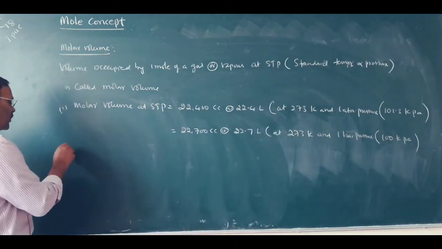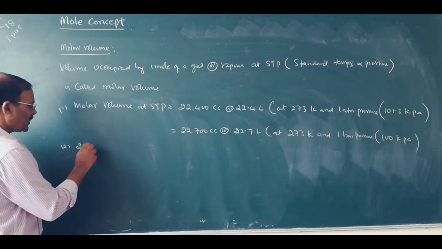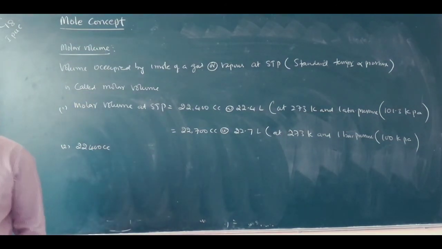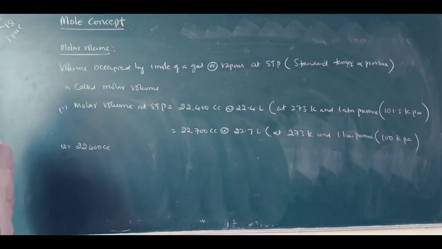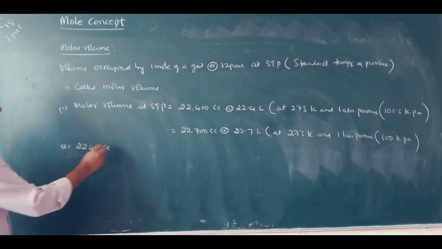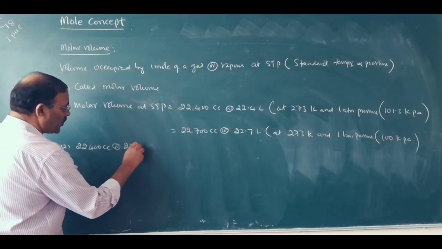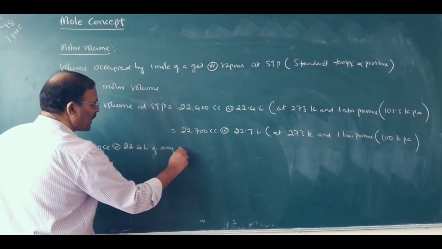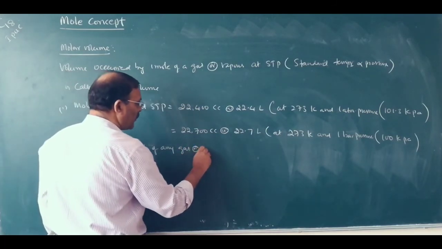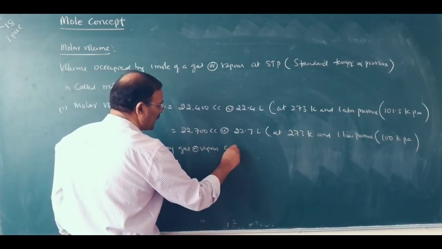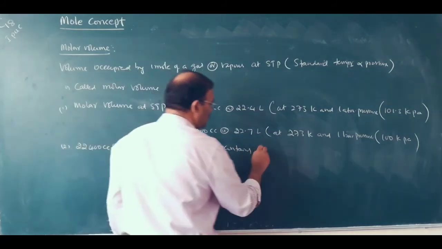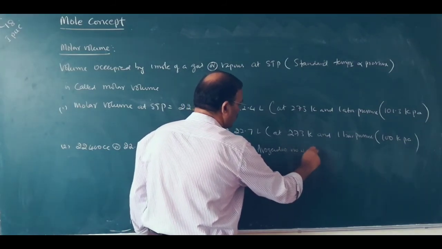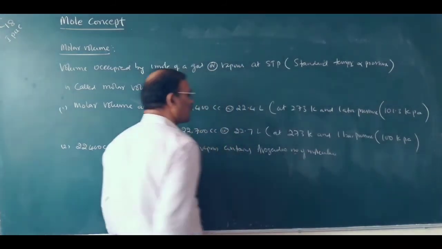Second point, number 2: 22,400 cc or 22.4 liters of any gas or vapor contains Avogadro number of molecules.